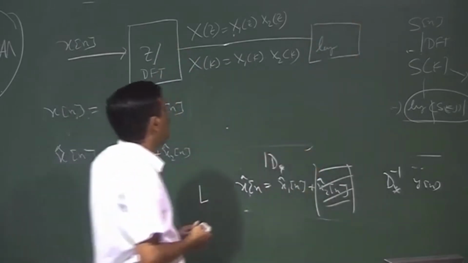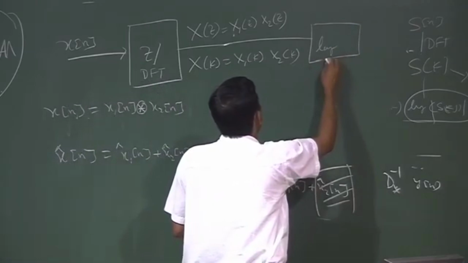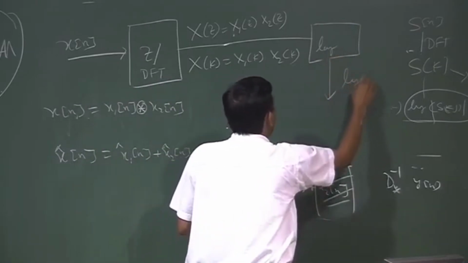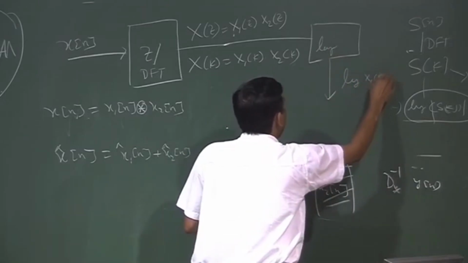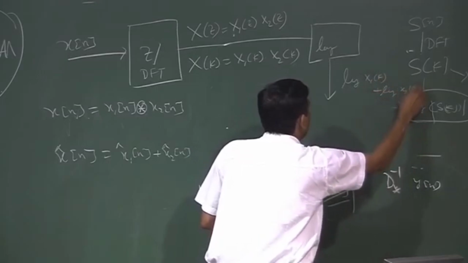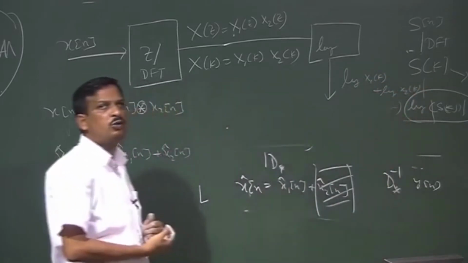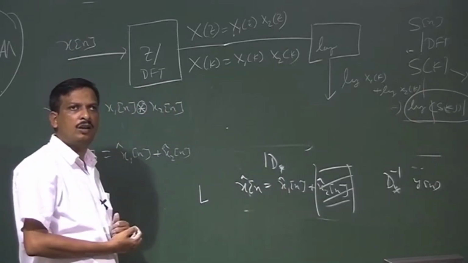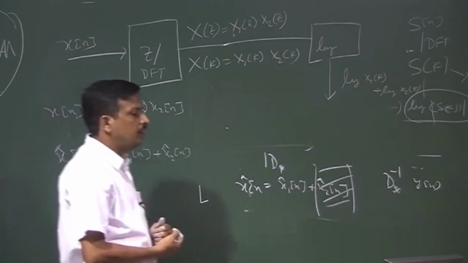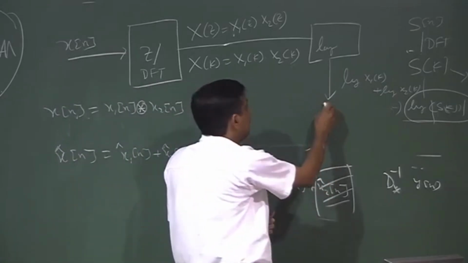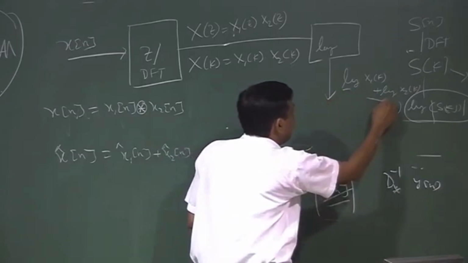If I take the log, what will I get? I will get log of X1(k) plus log of X2(k). X1(k) and X2(k) both are complex. Now this is in the k domain.